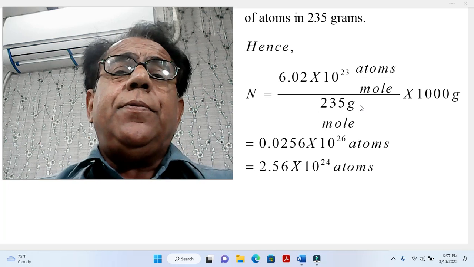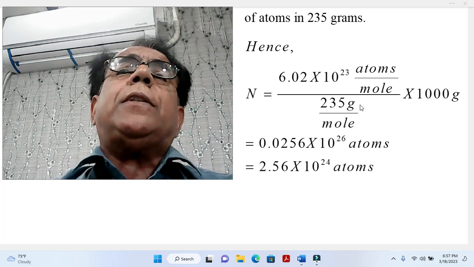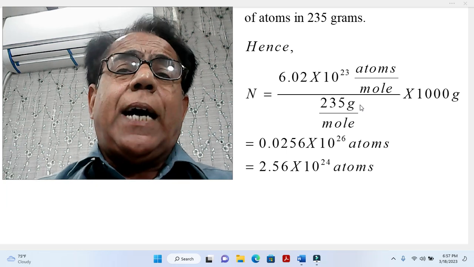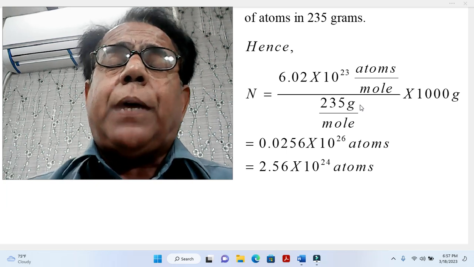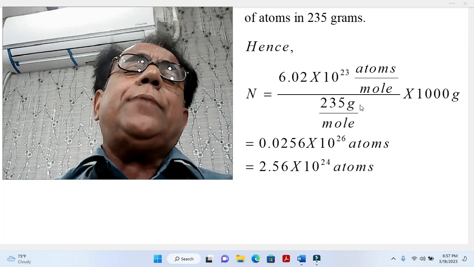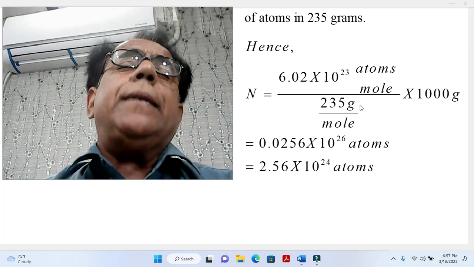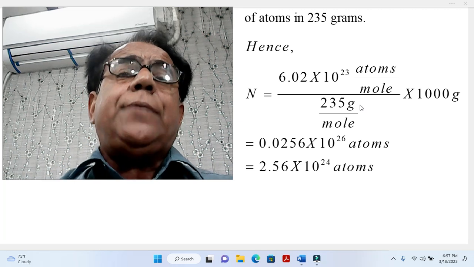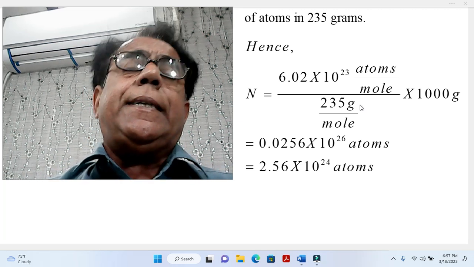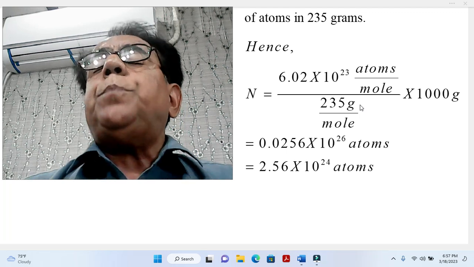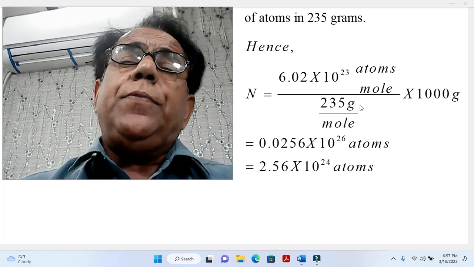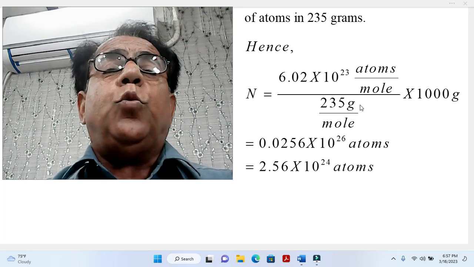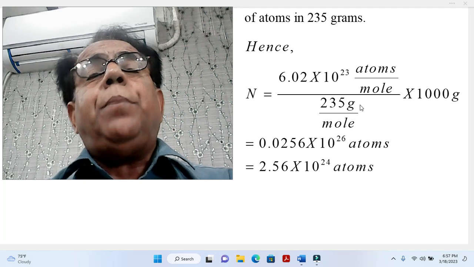For us, what is important is 10 to power 3 or minus 3, 10 raised to the power 6 or minus 6, 10 raised to the power 9 or minus 9, 10 raised to the power 12 or minus 12, 10 raised to the power 15 or minus 15, 10 raised to the power 18 or minus 18, 10 raised to the power 21 or minus 21, and similarly 10 raised to the power 24 or 10 raised to the power minus 24.